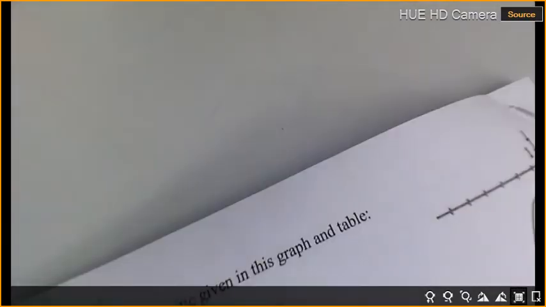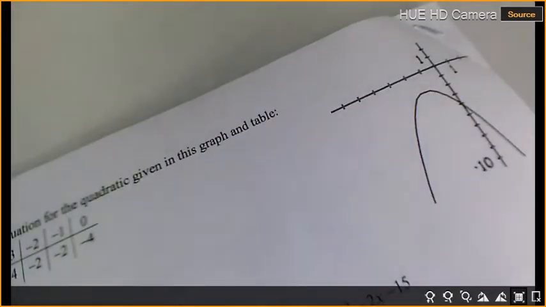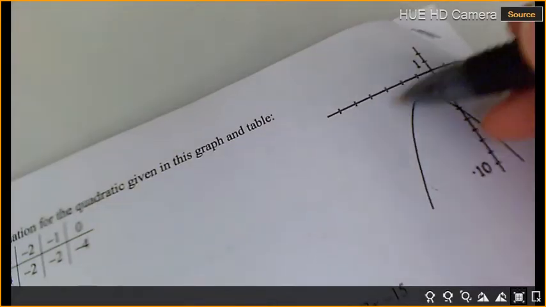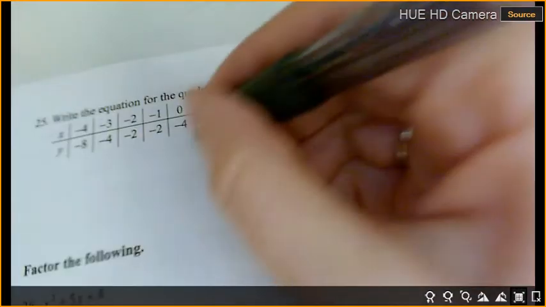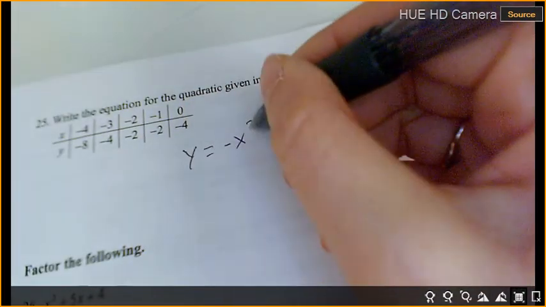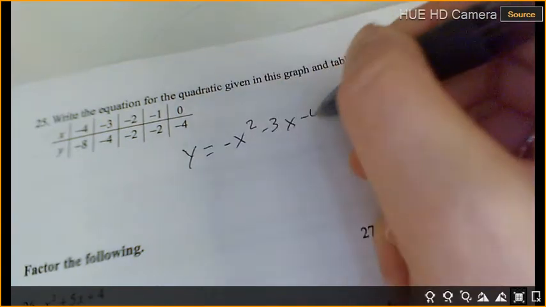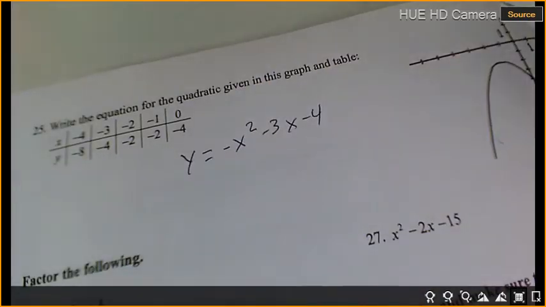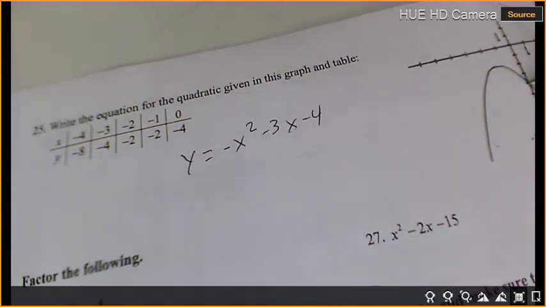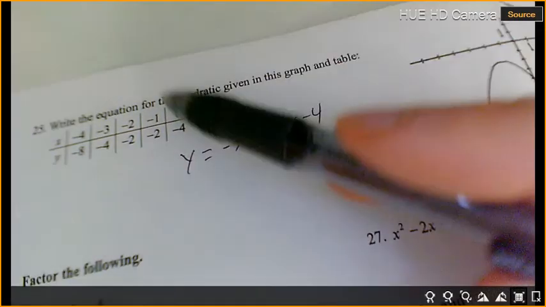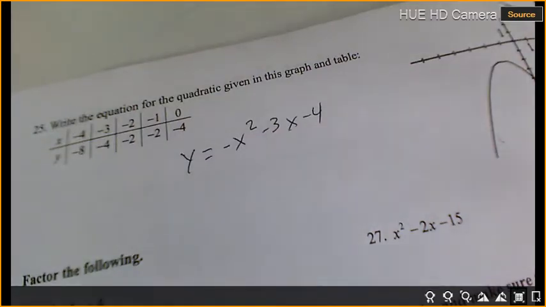25 is, again, you could figure this out from the graph right here with the table. It is y equals negative x squared minus 3x minus 4. Okay, we know it's negative because it's upside down. Then you know the c because it crosses here, and then you can plug in a number to find b.